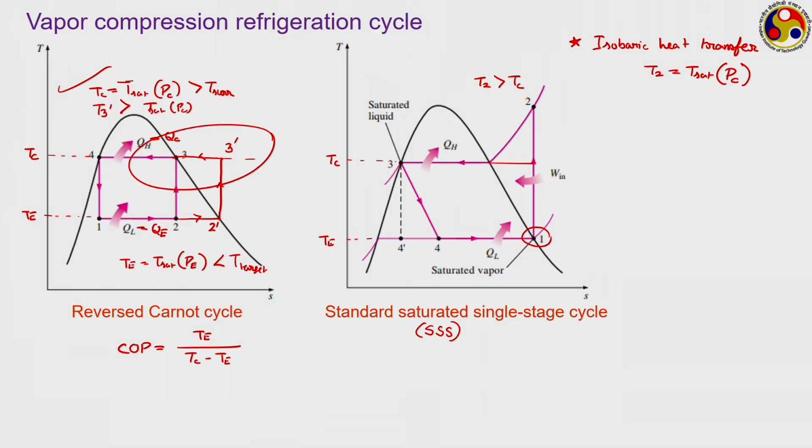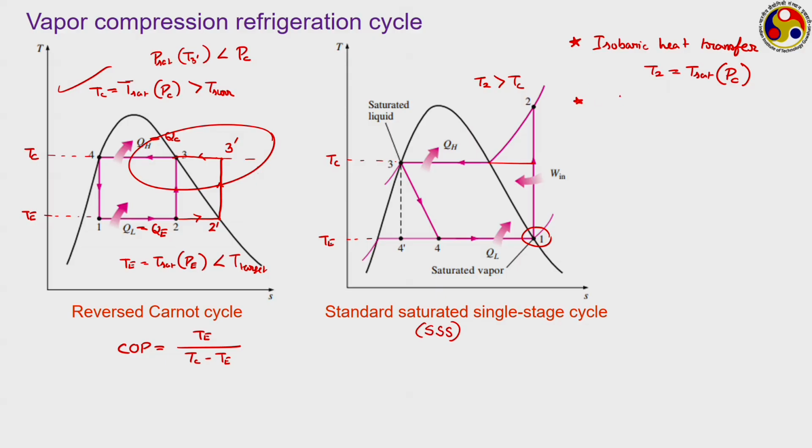It is better to say that the saturation pressure corresponding to T3 prime will be less than Pc. So, we have to move towards a continuously higher pressure zone, which problem is not here. Here the entire heat transfer is taking place at constant pressure.